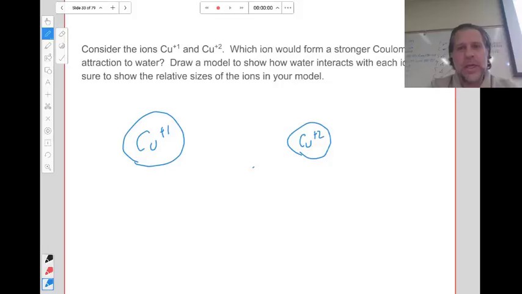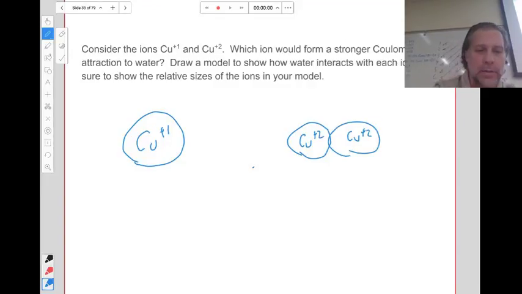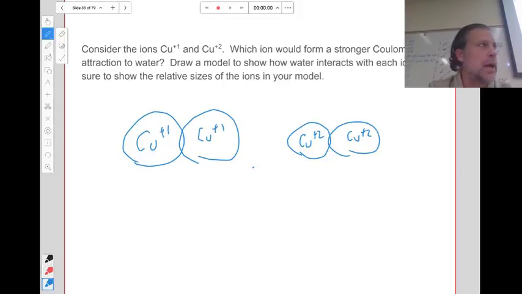So the ion that would form a stronger Coulombic attraction to water, in this case, would be the larger one. Okay? It's going to be more difficult for water to separate a Cu plus 2 than it is for water to separate a Cu plus 1. Okay?